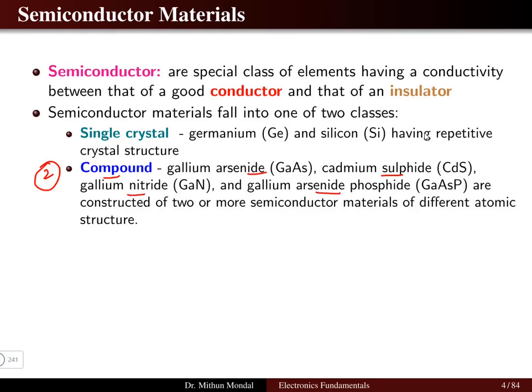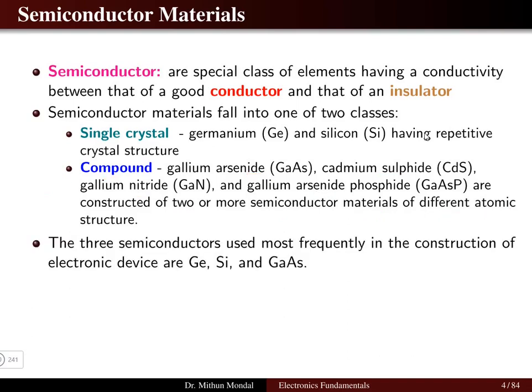They are constructed from two or more semiconductor materials having different atomic structures. So different atomic structures are combined to form the compound, and in silicon crystal we have a crystal structured solid material made up of only one element, either germanium or silicon.